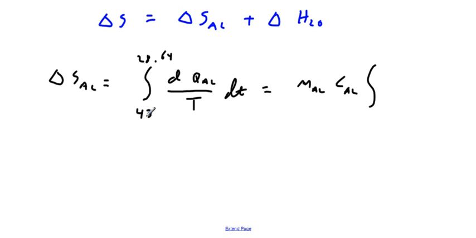I'm sorry, but I'm going to have to change my temperatures to Kelvin at this point. 43 plus 273, I'm going to go 316, and 273 plus 28.64, 301.6, dT over T.